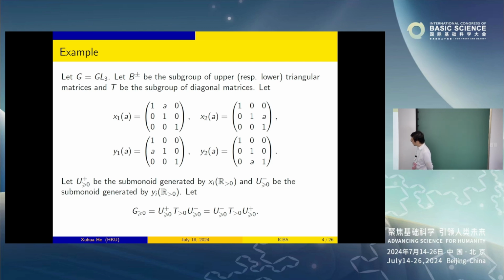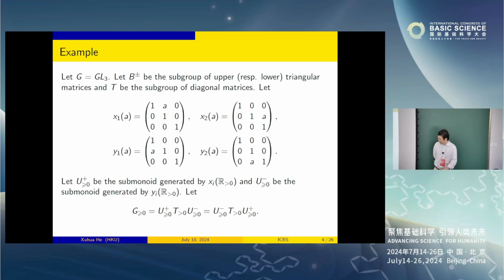A very remarkable fact is that for these three parts, we can freely change the order. Although these matrices may not commute, this is because we can easily get the relations for how the U plus part commutes with the U minus part and with the T part.